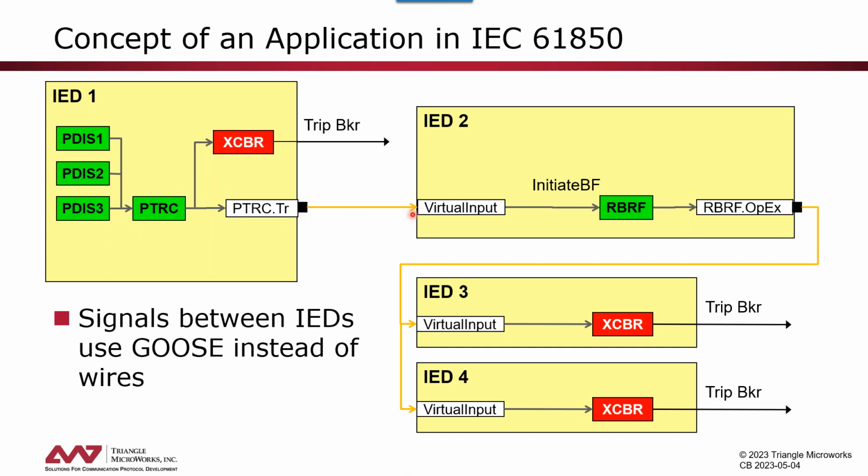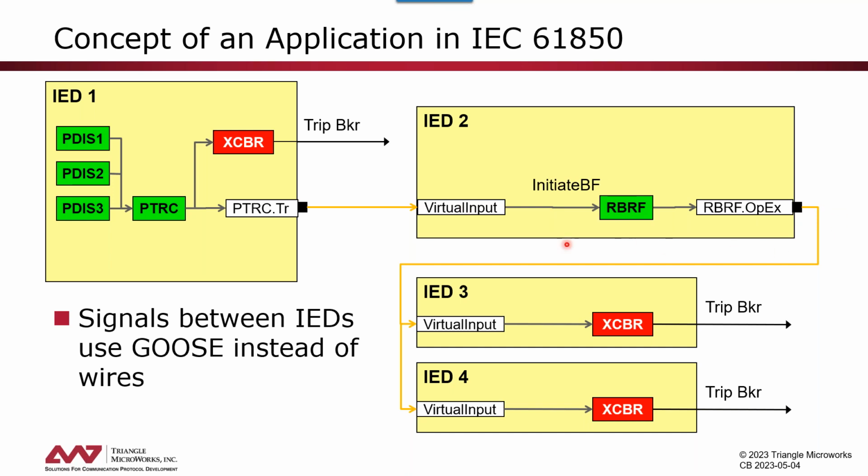Some of the signal flows are now between the devices, and that's where GOOSE comes into the game. So basically now, instead of having a physical output with a wire going to a physical input, we have a virtual output with this signal from the 61850 model going in a GOOSE message, and we have here a virtual input that is going then as an initiate breaker failure into the logical node breaker failure.